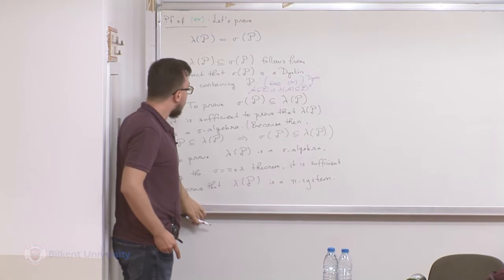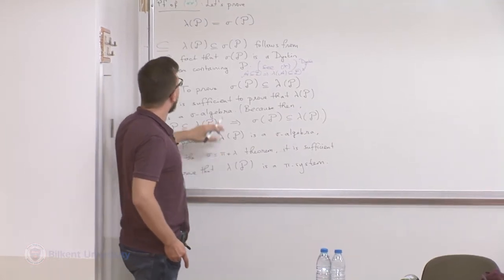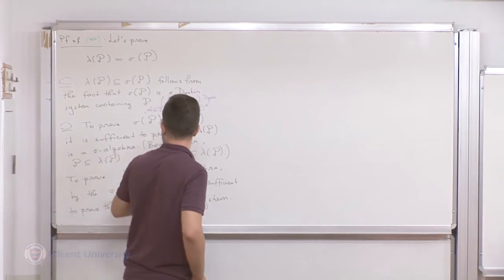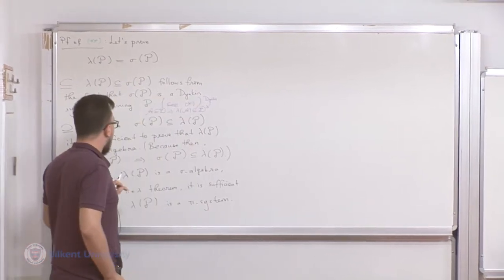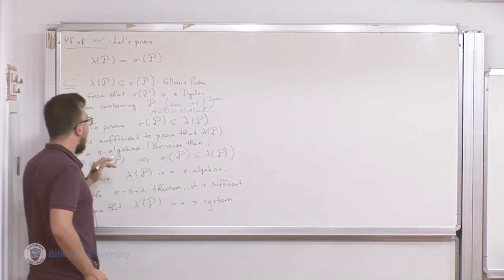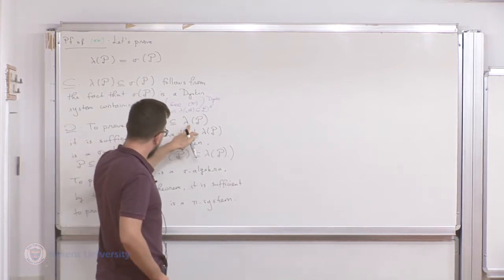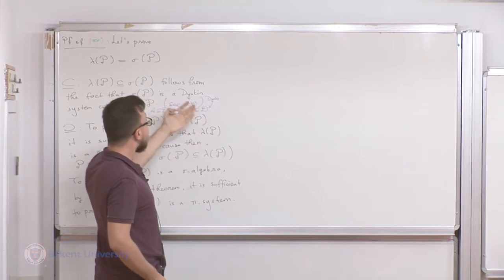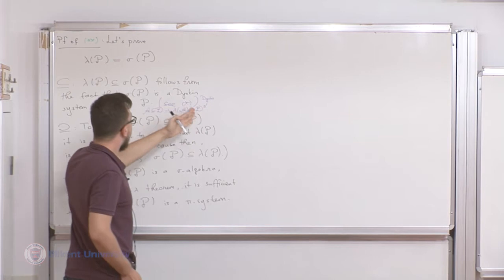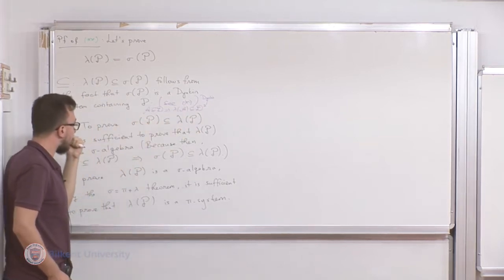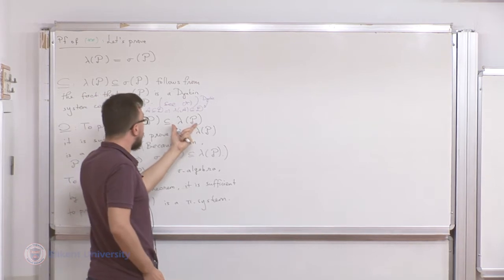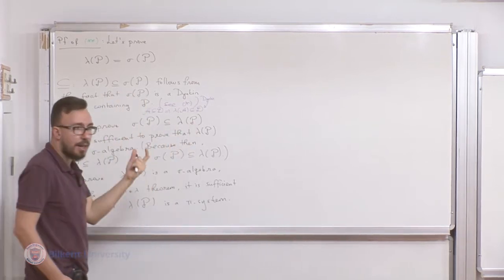For the other part, we'd like to prove that sigma P is a subset of lambda P, the Dynkin system generated by P. And for this, we'd like to check that lambda P is a Sigma-Algebra, because if it is a Sigma-Algebra, it already contains P, so it is larger than the smallest Sigma-Algebra containing P. So now the task is reduced to proving that lambda P is a Sigma-Algebra.